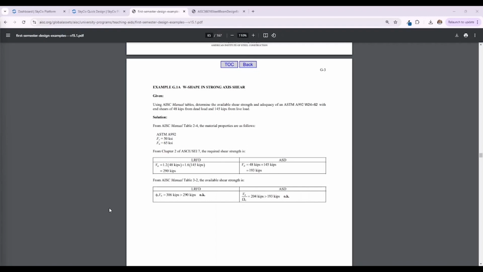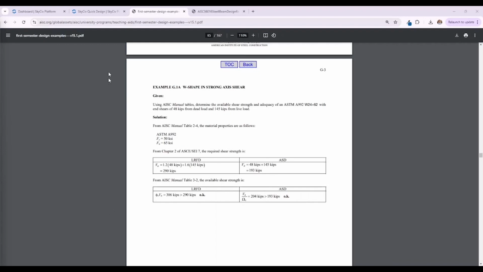From Chapter 2 of ASCE/SEI 7, the required shear strength, using the LRFD design method, is 1.2 times the dead load shear of 48 kips plus 1.6 times the live load shear of 145 kips, which equals 290 kips.